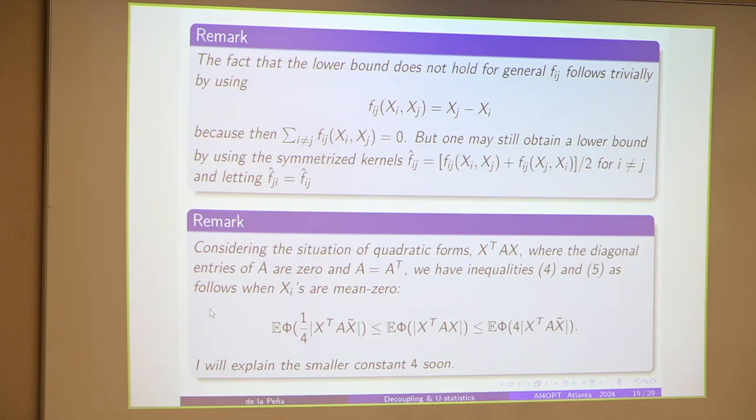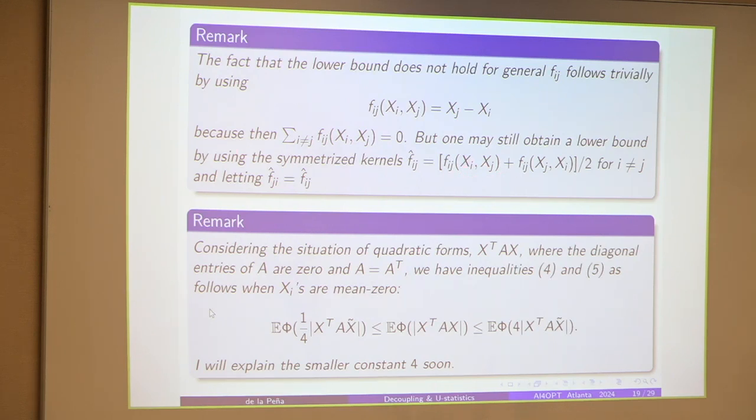Okay, now, the lower bound cannot be true in general because of this example. If fij of Xi Xj is equal to Xj minus Xi, then the sum of this is equal to 0, because we have all i and j. However, if we look at the symmetrized kernels, fij hat, taking the average, then it's symmetric.